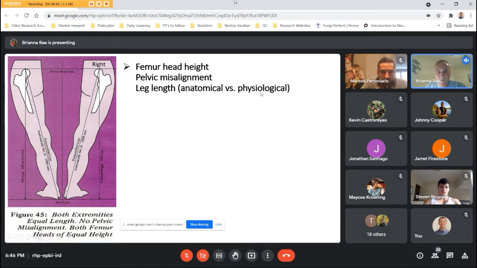Most chiropractors only believe that leg length is physiological, and everybody should be balanced with their leg length. And I'm here to tell you, as a Gonstead practitioner, that they're both wrong. It's a combination of both, and you need to know how to figure out if your patient has an anatomical short leg, and if they do, does it matter, or do they just have a physiological short leg?